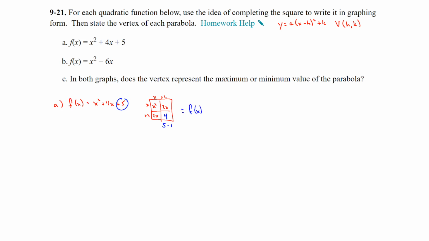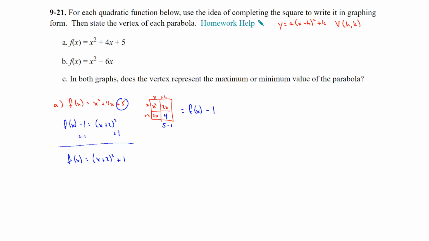So if we have to subtract 1 on this side, then we have to subtract 1 on this side. And so what that would give us is f of x minus 1 equals, now this will be x plus 2 squared, and then we'll add the 1 back on to the other side to get f of x equals x plus 2 quantity squared plus 1.